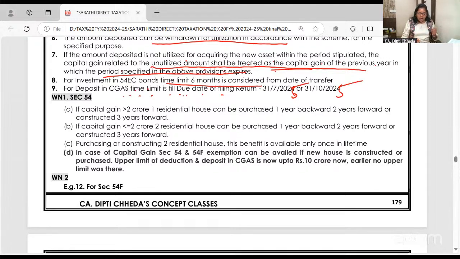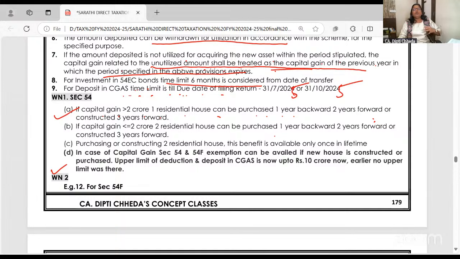Okay. Now there is some more thing added over here. If the capital gain which you get by selling the house is above 2 crore, one residential house can be purchased, 1 year backward, 2 years forward and all. If the capital gain is less than 2 crore, then two residential houses can be purchased.